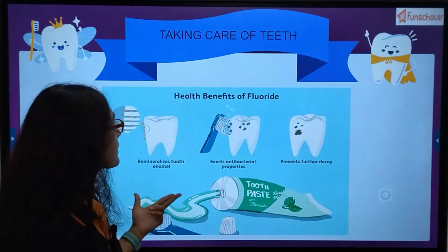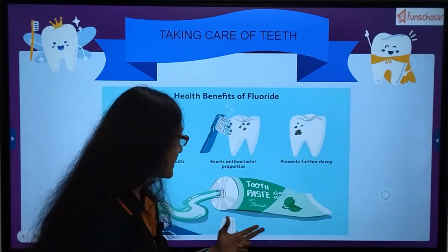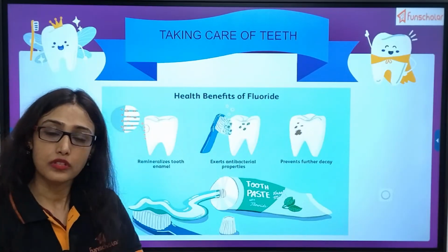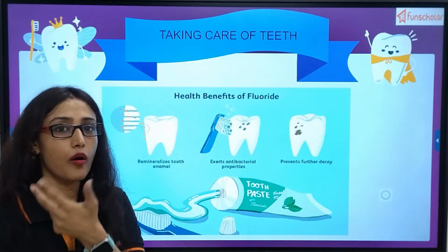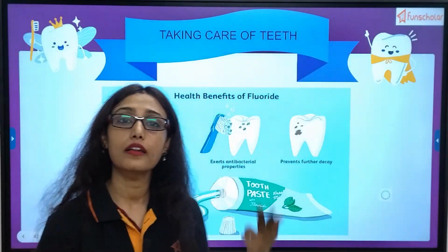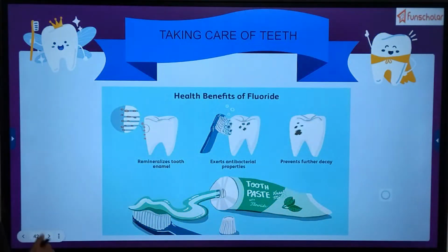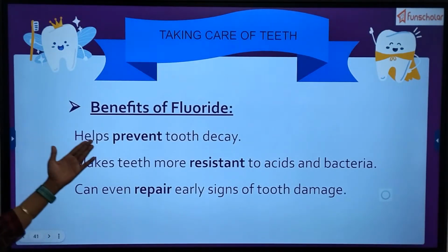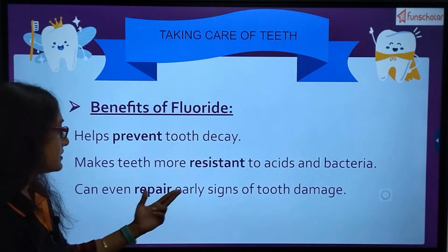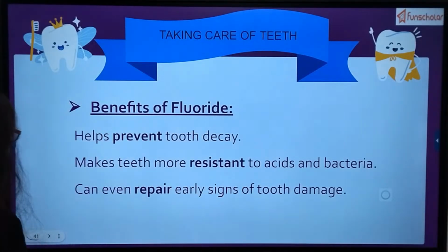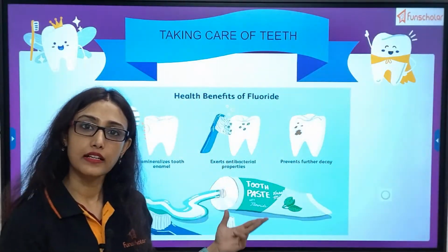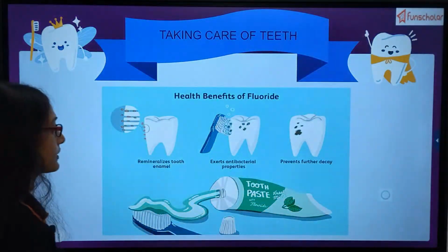That is why you are recommended to use fluoride-based toothpaste, which is generally very good for your teeth because it kills all the formed bacteria and removes all the bacteria of your teeth on a regular basis. Clear? Understood? Now benefits: it prevents tooth decay, makes teeth more resistant to acid and bacteria, can even repair early signs of tooth damage. So next time you buy a toothpaste, just make sure it contains fluoride. Clear? Okay.